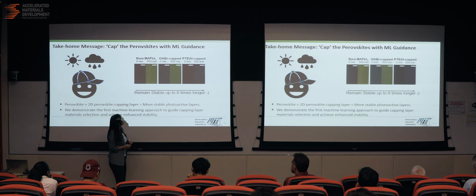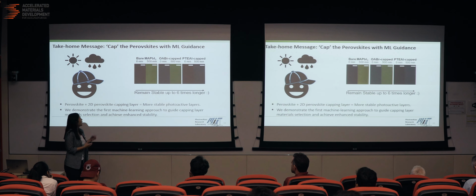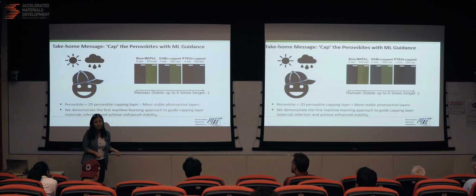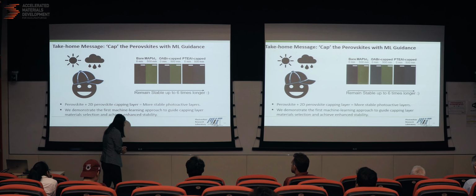The result shows we managed to extend the lifetime of the methylammonium lead iodide standard perovskite, remaining stable 6 times longer. We also compared with another state-of-the-art capping layer material, also published in our lab in collaboration with our collaborator at MIT, and it is also better than the current state of the art.